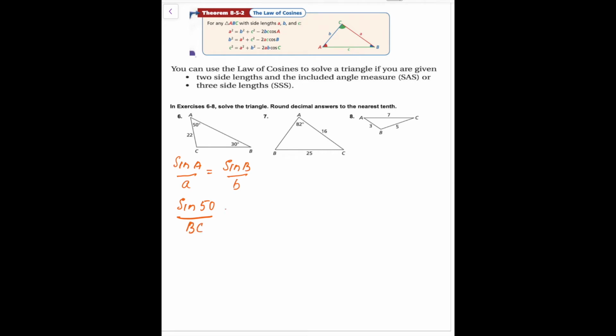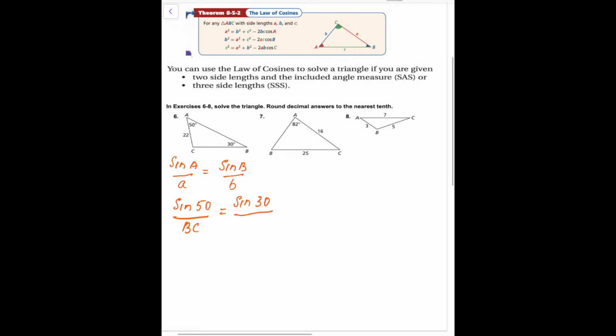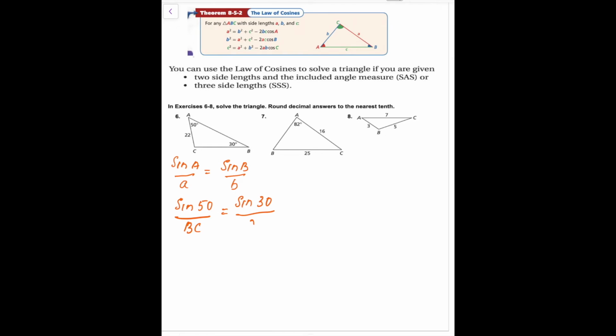We don't know what that is, the unknown. And sine B is sine 30 over B, which is opposite to 30, which is 22.